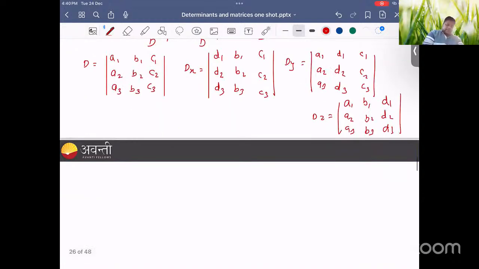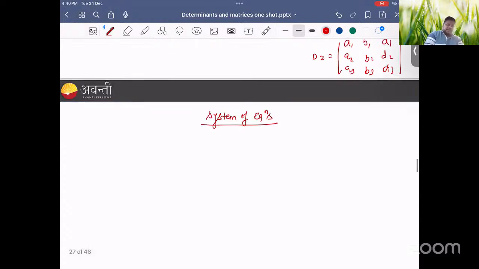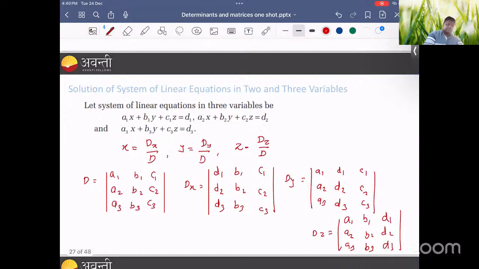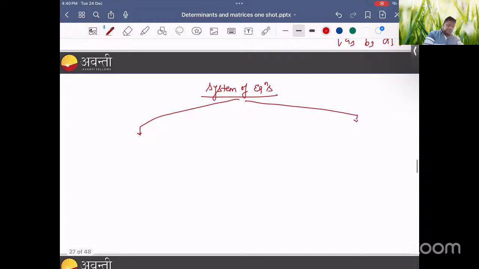So, about this system of equations, this system is either consistent or it is inconsistent.